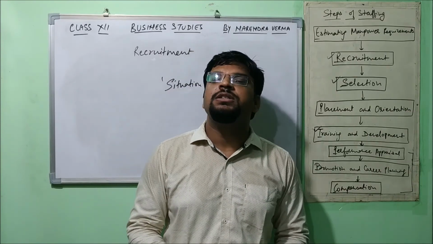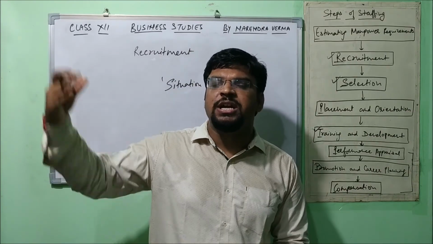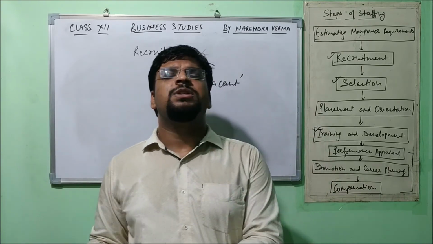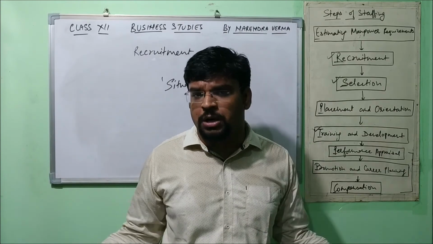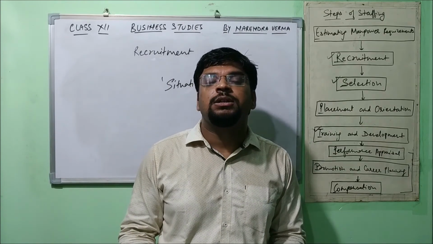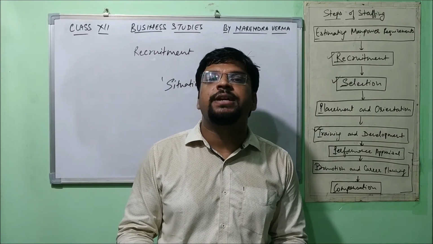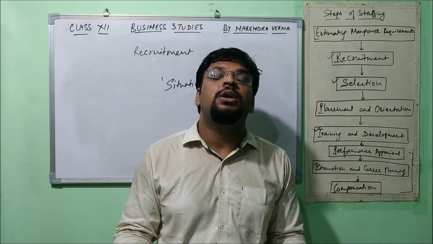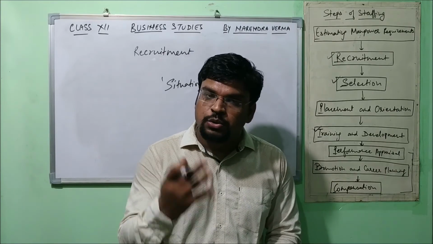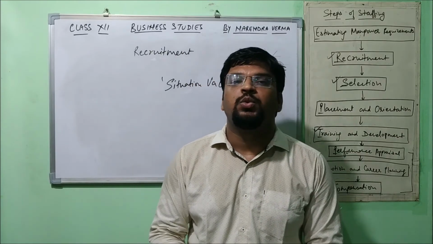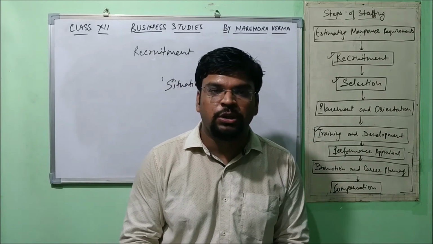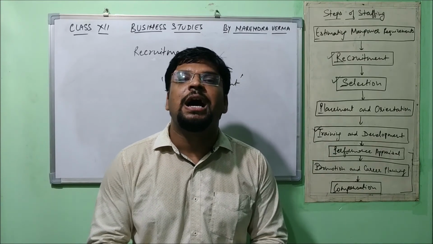Okay, and after preparing this advertisement, this can be placed on the gate of the office, or it can be published in magazine, newspaper, or it can be displayed on the website or wherever it is necessary, so that the qualified employees can be contacted and they may know about it, right? Okay, so this is done under recruitment. As I told you, we'll have detailed discussion about recruitment later on.